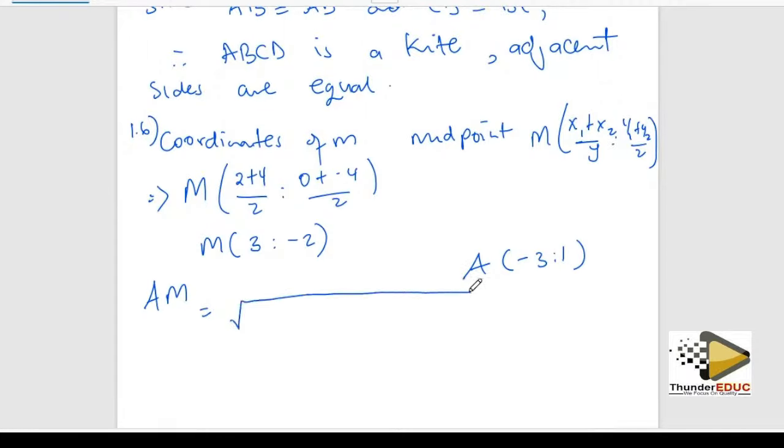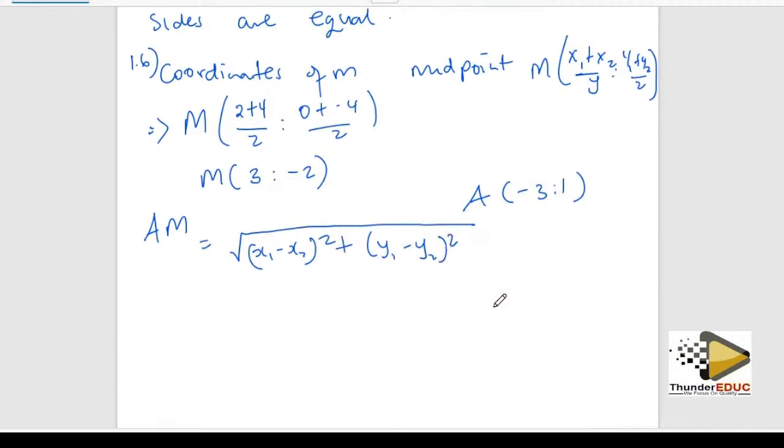So the distance, I'm gonna say x1 minus x2 squared from the distance formula, y1 minus y2 squared. Okay, you have the right to label this as x1 and x2 in whichever format you're comfortable with. So that's gonna be 3 minus -3 squared, plus with the y, I'll have -2 minus 1 squared.